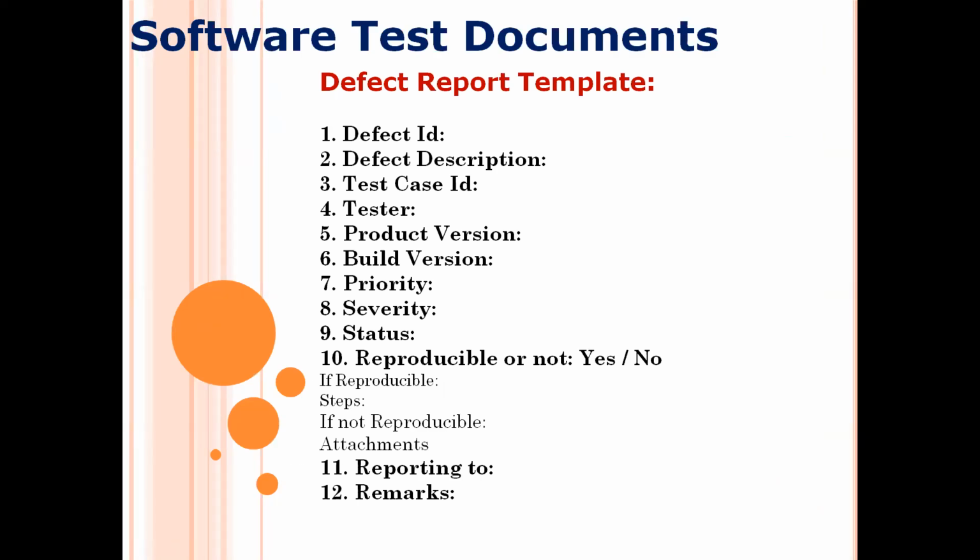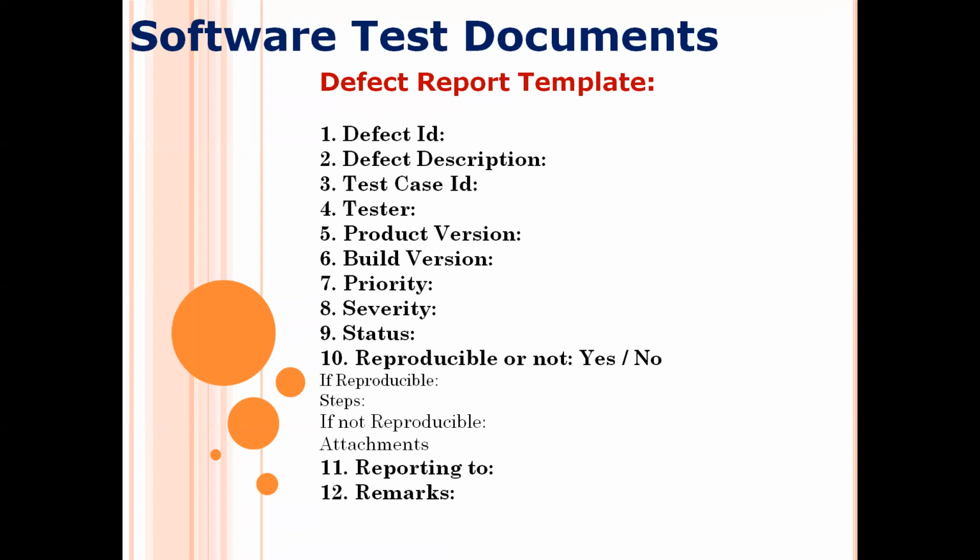Next, one more important document, defect report. Defect ID. As I already told you, you can prepare your defect reports using an Excel file with your company prescribed template, or if your company is using a test management tool or at least a defect management tool like Bugzilla or Mantis, etc., you can prepare defect reports in your defect management tools.